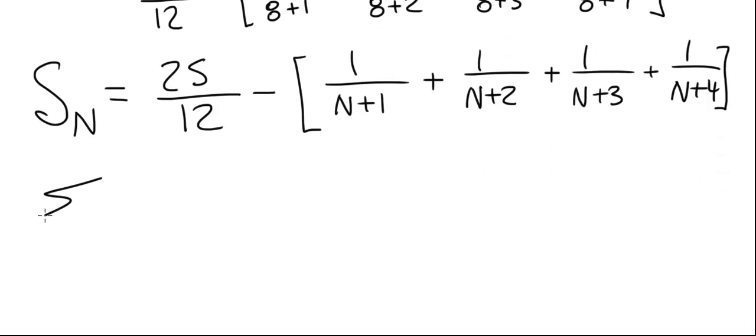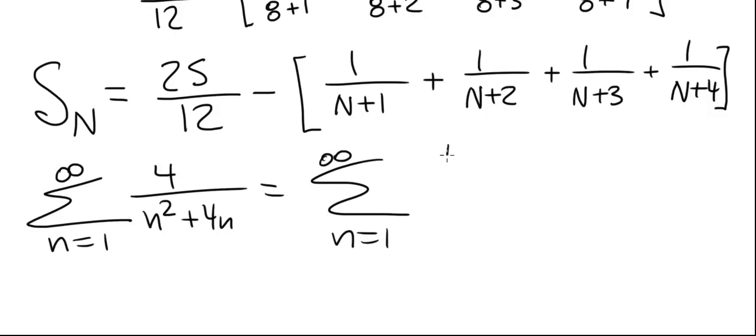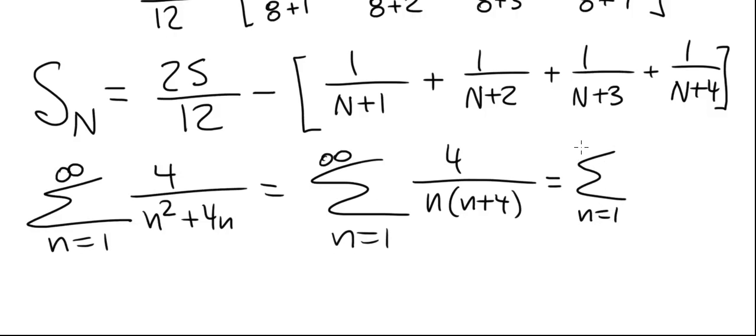So the series we started with was the summation from 1 to infinity, 4 divided by n squared plus 4n. We wrote it as the summation from 1 to infinity of 4 over n times n plus 4. After partial fraction decomposition, this is the summation from 1 to infinity of 1 over n minus 1 over n plus 4.